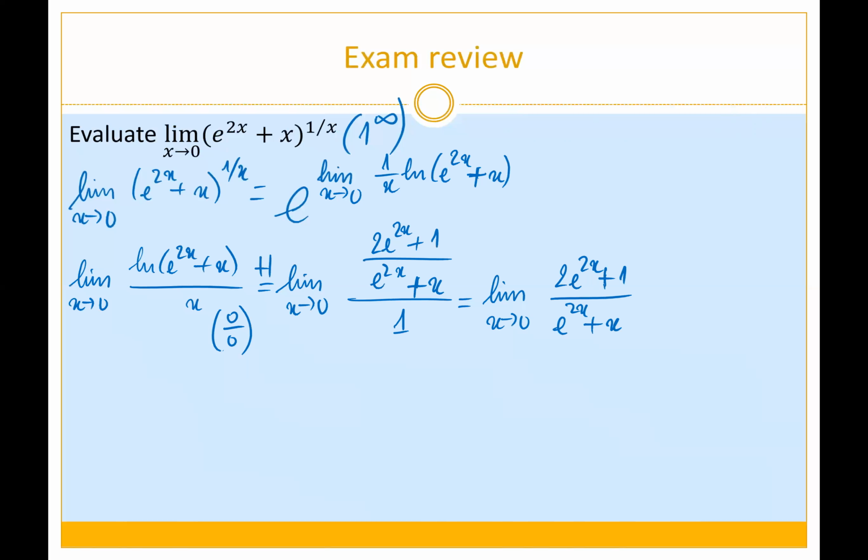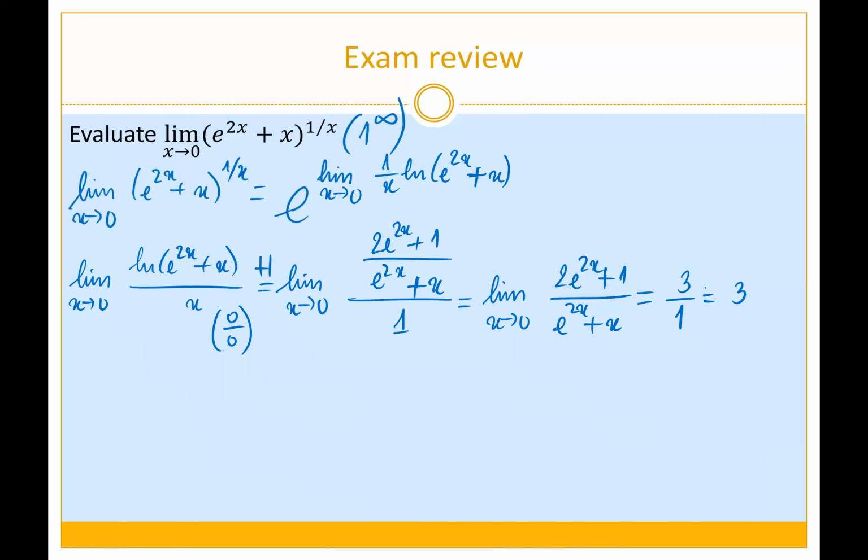Now you have to plug in first to see if it's still in the indeterminate form if you want to continue taking L'Hopital rule. So when you plug in x equals 0, you're going to have... no, actually you're going to have 3 divided by 1, so it's going to be 3.